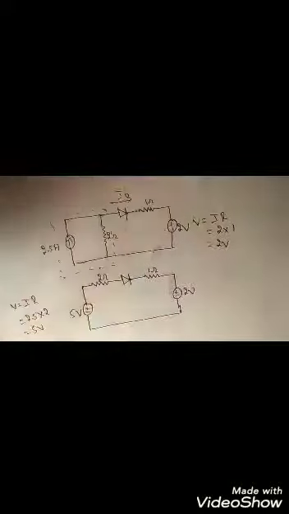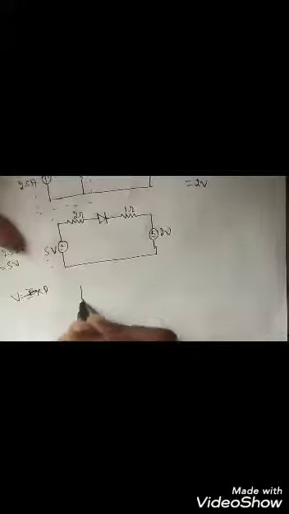So when we got this circuit, when we see the question, it is an ideal diode. Ideal diode means there is no voltage drop across the diode, that is cut-in voltage. Normally for silicon the cut-in voltage will be 0.7, and for germanium the cut-in voltage will be 0.3. Here since it is an ideal diode, there is no cut-in voltage, so we can replace this diode by a closed switch.